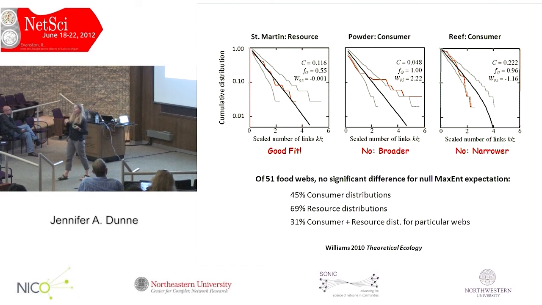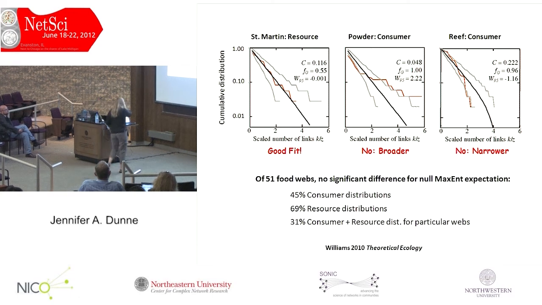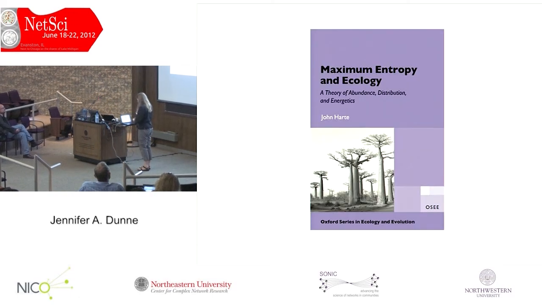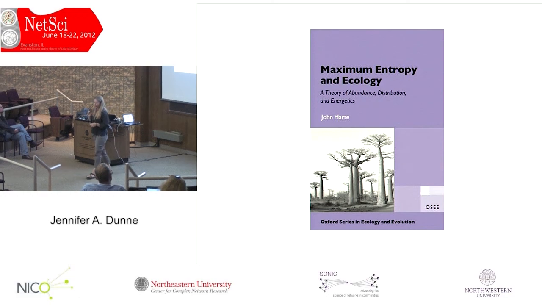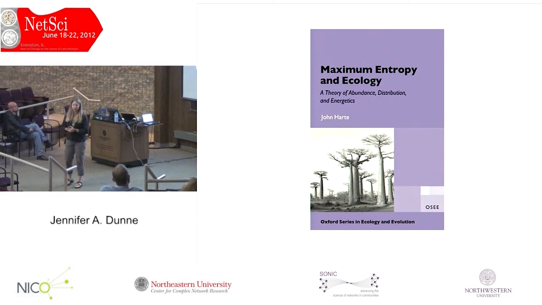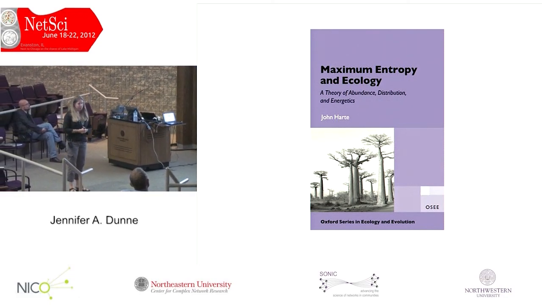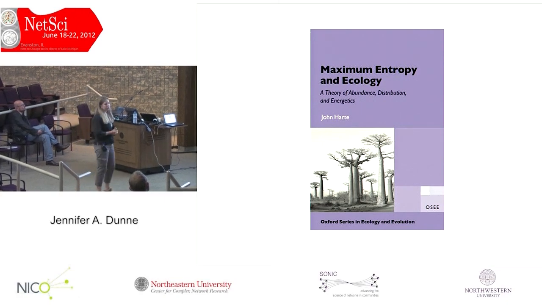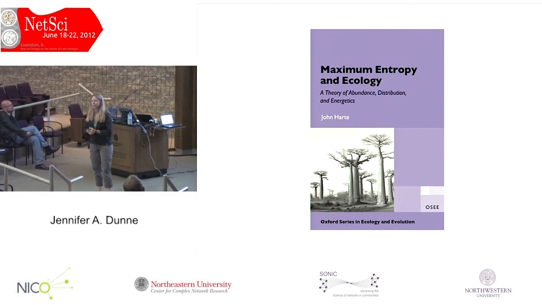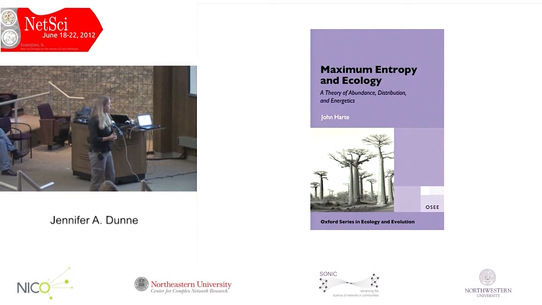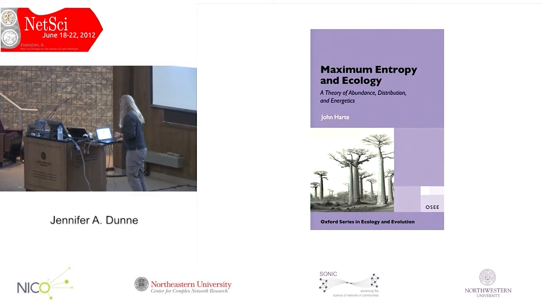So this provides potentially one type of null model, and for the other 50% of the food web distributions, we can start to try to understand what's pushing things away from that maxent expectation. If you're interested in maxent in ecology or for other kinds of analyses, there's a recent book in the Oxford series in Ecology and Evolution by John Harte on the uses of maxent to look at macroecological patterns. It's a really good introduction.